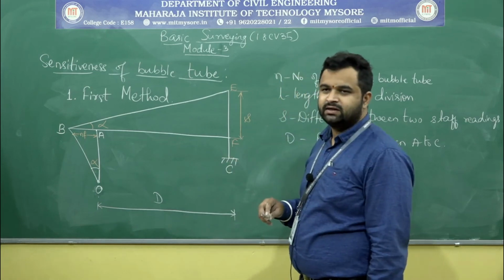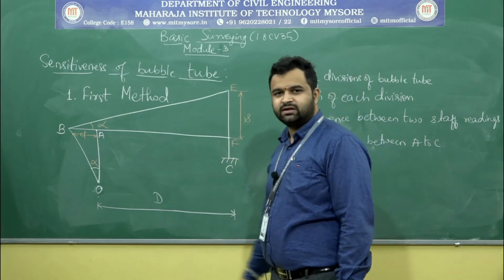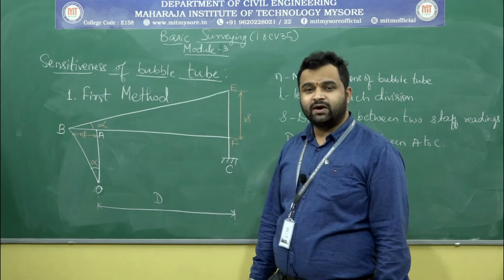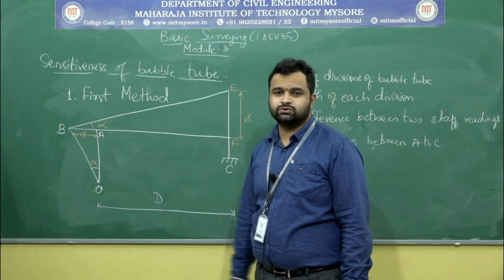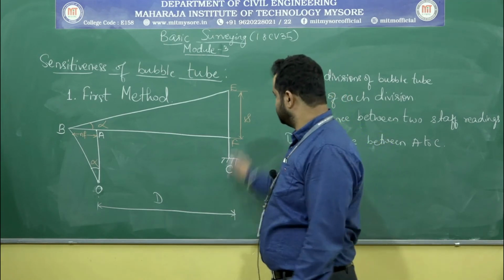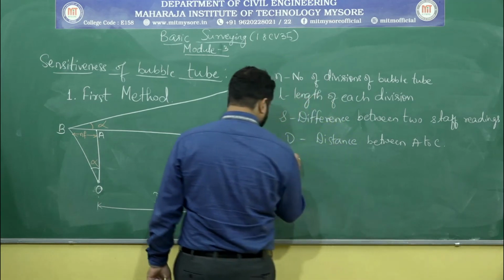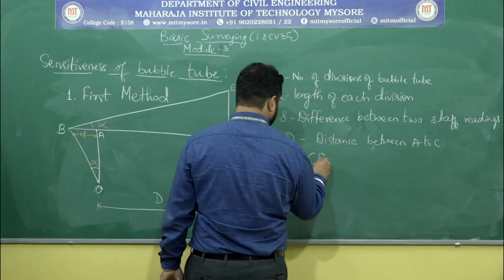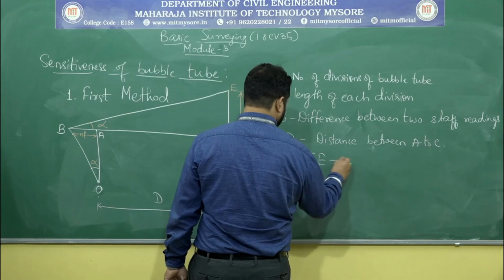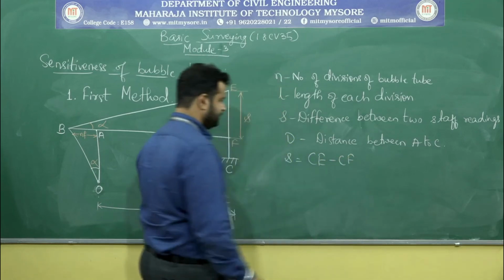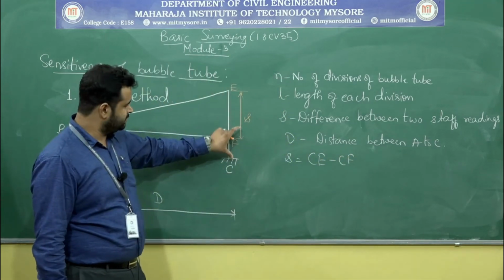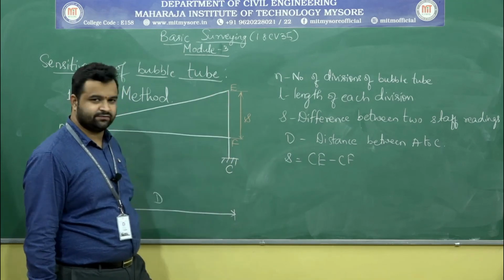Let that staff reading be CE. Now, find the difference between those two staff readings. Thus, this S can be determined by CE minus CF.